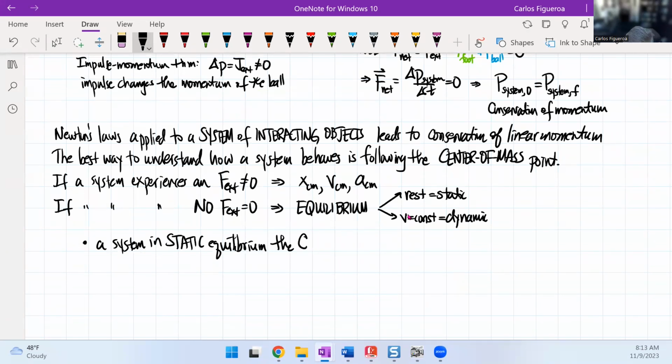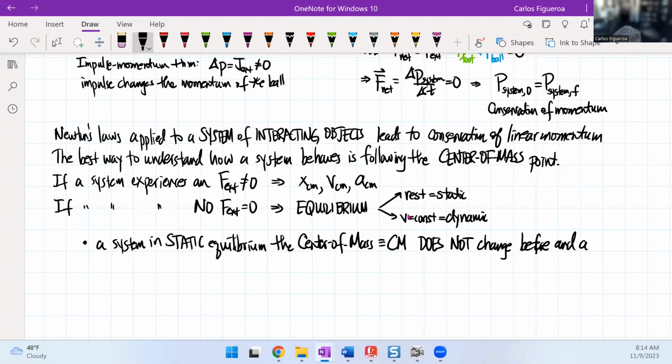the center of mass, which I'm now going to write as Cm, the center of mass does not change before and after some interaction.